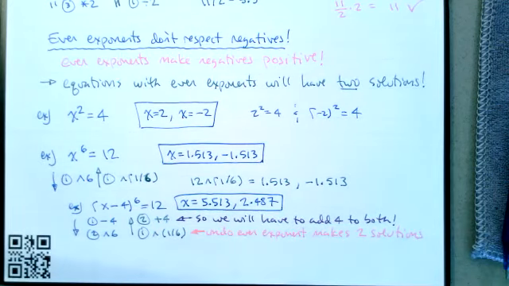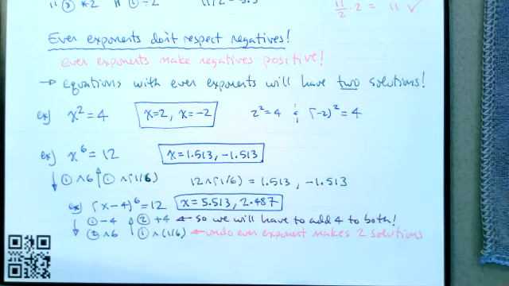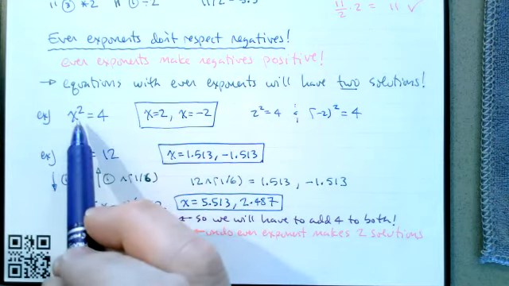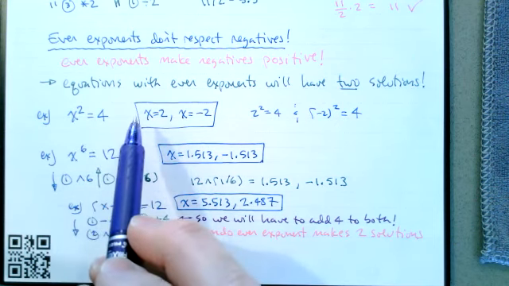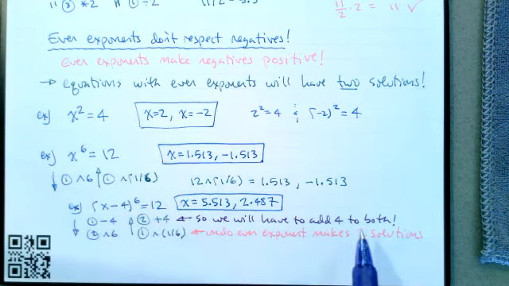So equations with even exponents will have 2 solutions. If we really want to be specific about things, right now your challenge is just to deal with the inverse operations in reverse order. I've added one layer to that. If I start off with an even exponent, x squared, x to the 4th, x to the 6th, or something like that, then we're going to end up with 2 solutions.